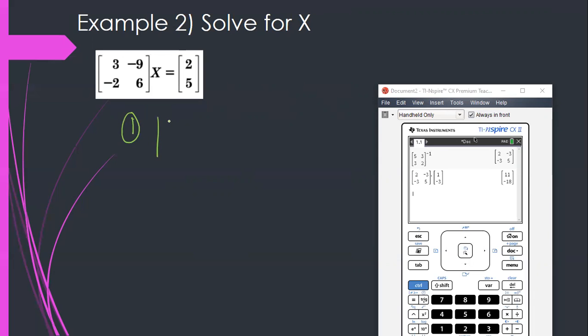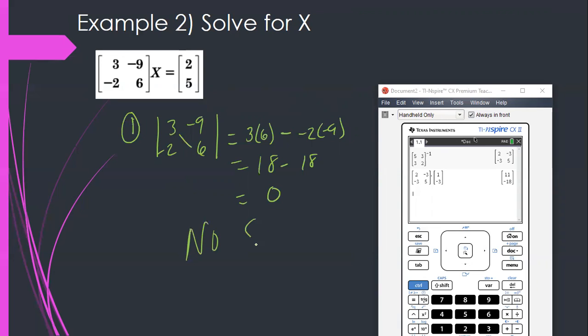So the determinant here, 3, -9, -2, 6 equals, if I cross multiply, 3 times 6 minus -2 times -9, that equals 18 minus 18. And what does that equal? 0. So what does that mean? There isn't an inverse, so therefore there is no solution for this problem.